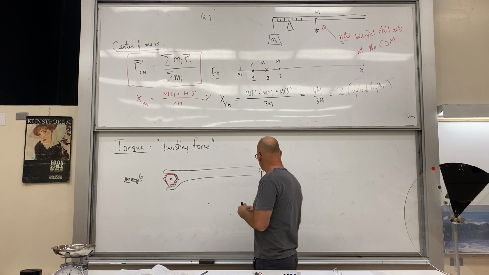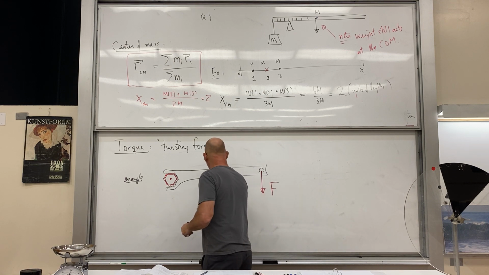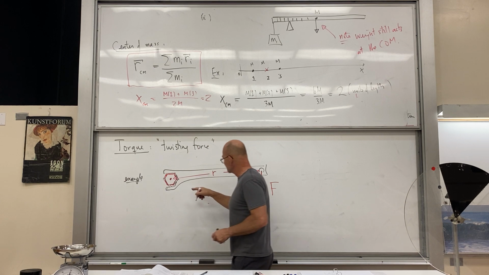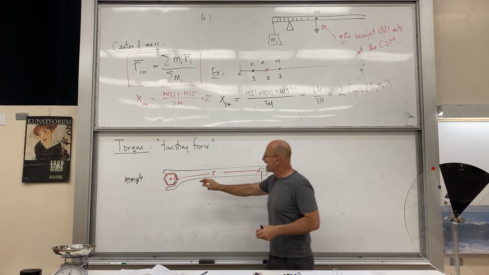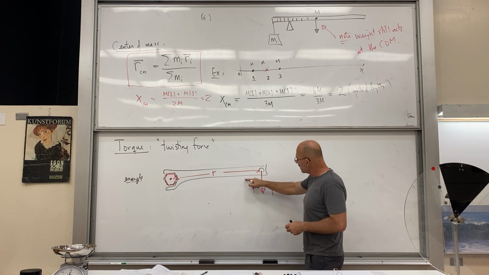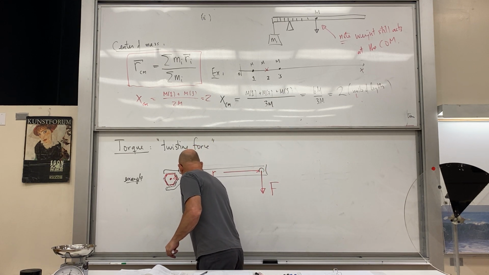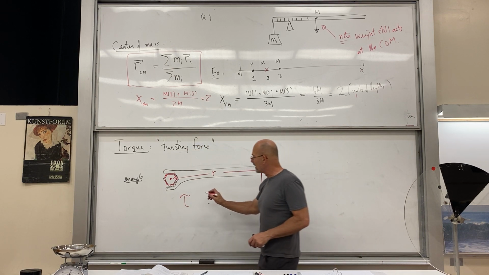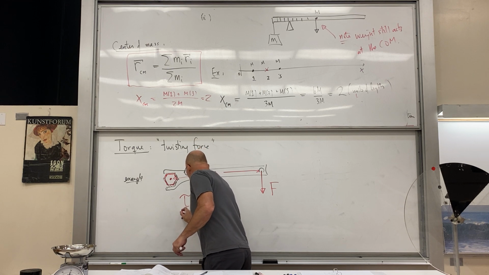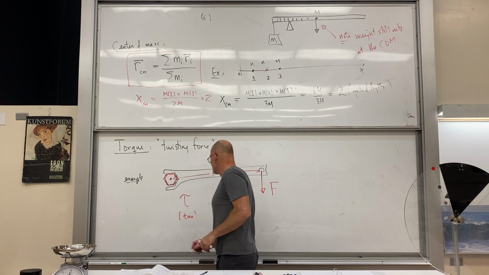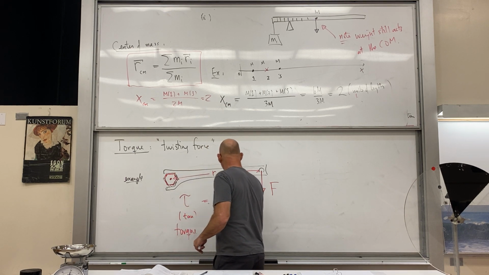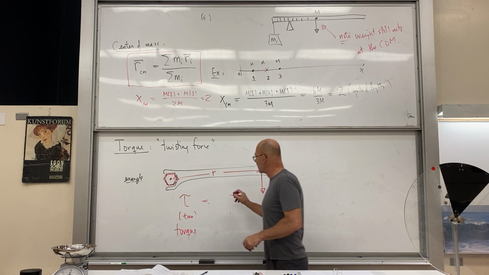Okay, so this is a practical matter, and I'm going to go ahead and call this distance from the axis to where the force acts, this is the axis, I'll call it R, and we're going to use the Greek letter tau. That's kind of a sawed-off T with a little wave on top. That's tau. So that's torque equals force times lever arm.